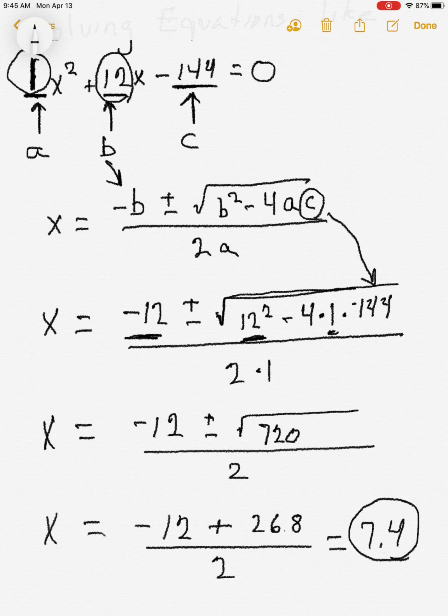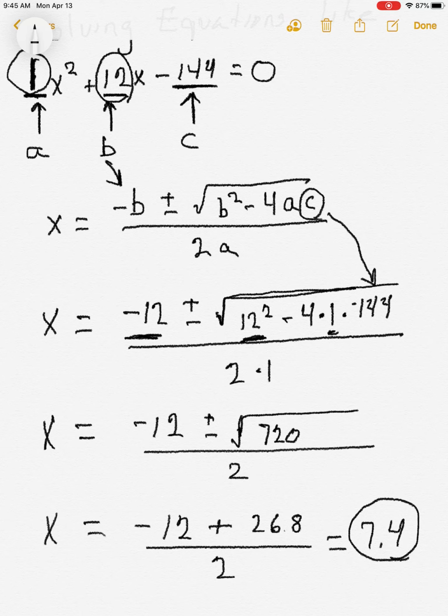The reason being you have a double negative here, negative 4 times 1 times negative 144 will be a positive number. That positive number added to 144, which is 12 squared, gives you 720. All right, so check that out, see if you can get 720. So this is now negative 12 plus or minus the square root of 720 over 2.